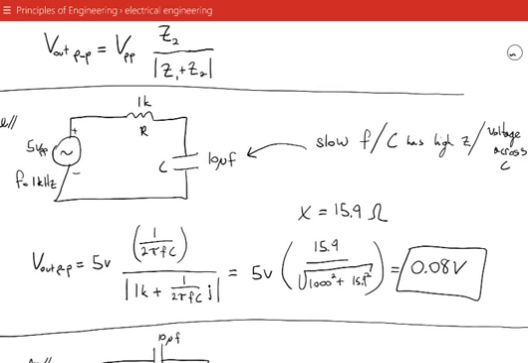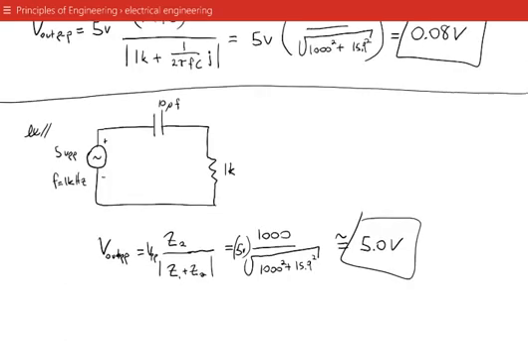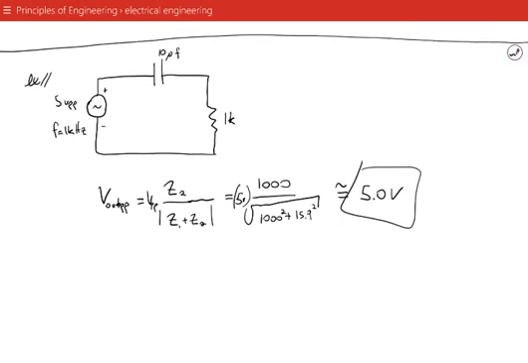We saw the opposite of that. We gave it a relatively high frequency, and we saw that it attenuated or reduced our voltage out by quite a bit. So this circuit, the first example, is a low-pass filter. The second circuit, we gave it a high signal again, and because the frequency is high, there's not going to be very much impedance from the capacitor.